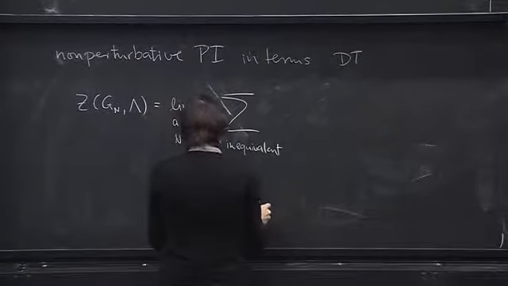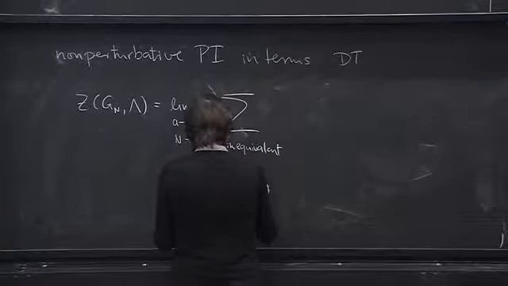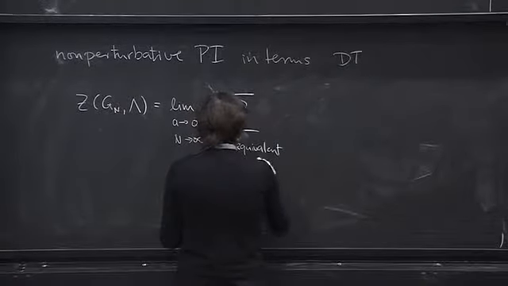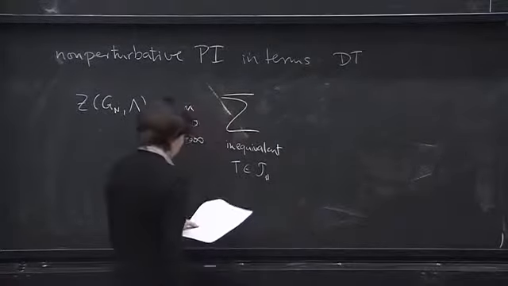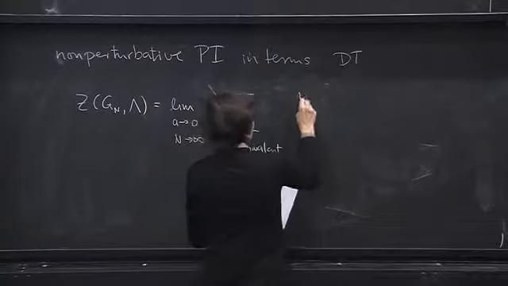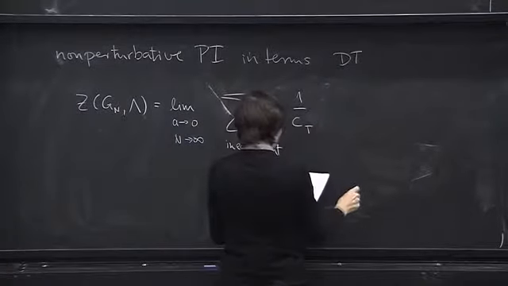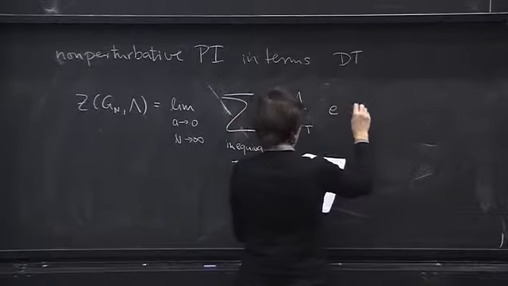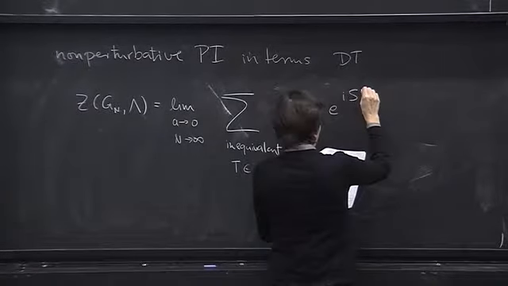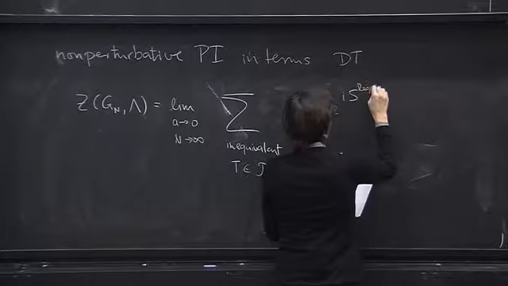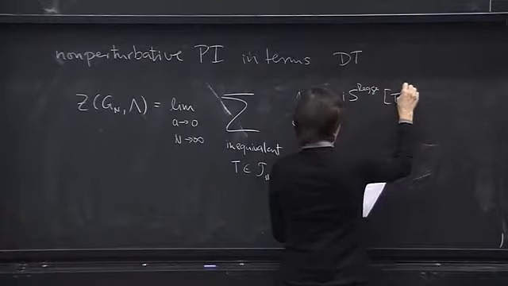And the sum is over inequivalent triangulations, inequivalent geometries. And it's a very simple measure factor here, which I explain in a second, e to the minus I S Regge of T.